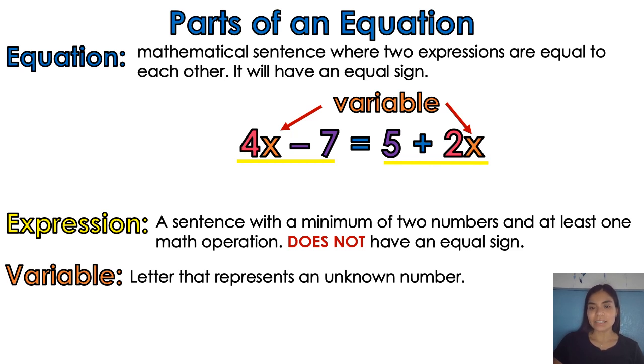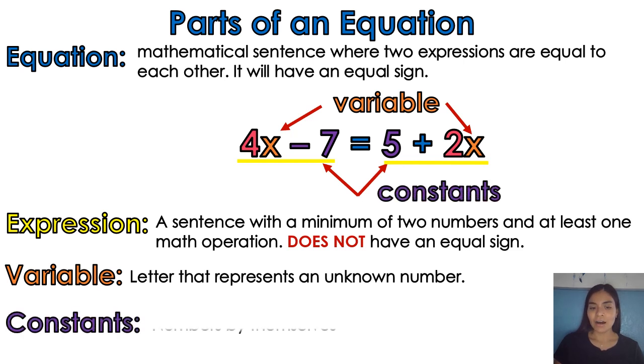It's just in place of something we don't know at the moment, a number. All right, another thing here, we've got a -7 and a 5. Those are called constants. A constant is just a number that's by itself.